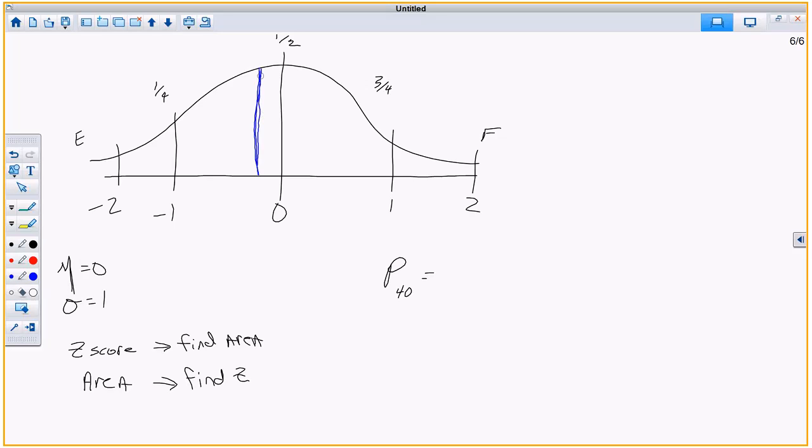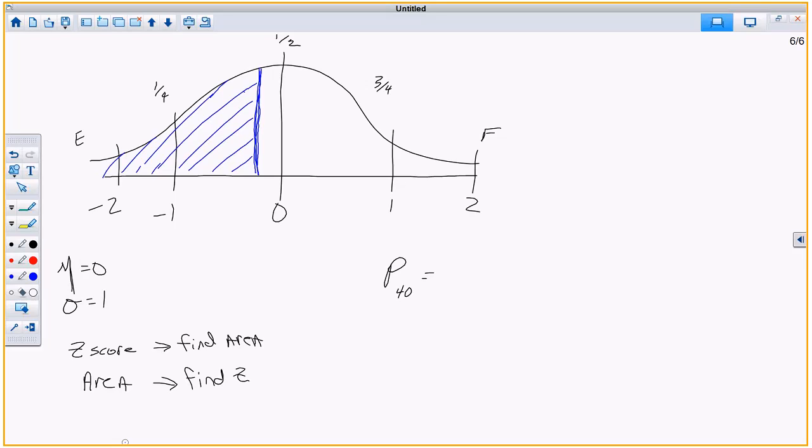Now, one thing about the table: it always gives you the area to the what of the mark? To the left. You need to write that down if you're going to use the table. The table only gives you the area to the left. So the right-hand side is equal to 1 minus the left-hand side.